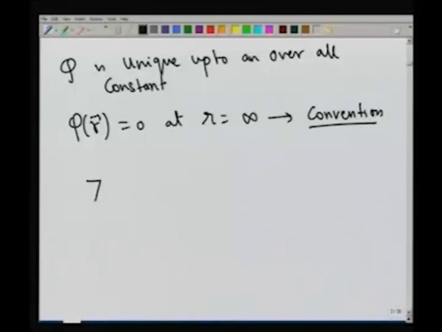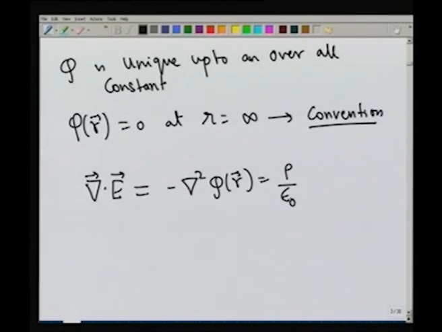Okay. Now once I rewrote my electric field in terms of the potential field, all that remains is to solve the equation for the electric field in terms of the source, except that I substitute E equal to minus grad phi for the electric field. So what happens to this equation? My Gauss's law becomes a second order partial differential equation. This becomes minus del squared phi of R is equal to rho by epsilon naught.